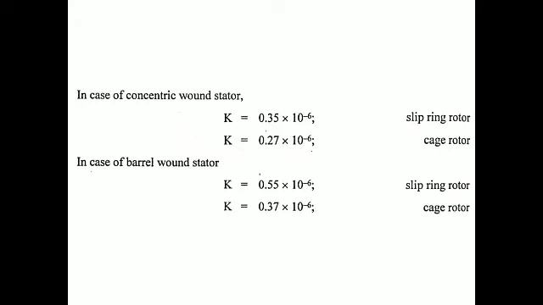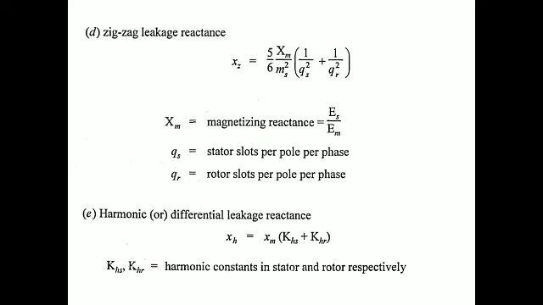The constants are taken differently for different machines. Then the next is the zigzag leakage reactance. XZ is a direct formula: 5 by 6 XM divided by MS square, with the brackets of 1 by QS square plus 1 by QR square.